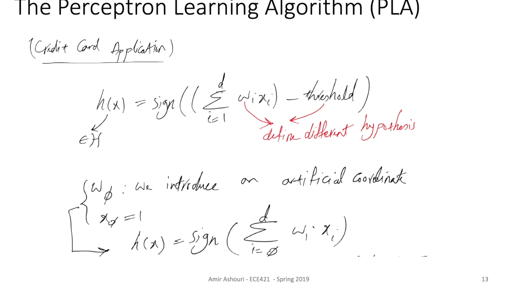So it's going to change into the sign of the summation of your wi xi, but instead your i starts from 0 and ends at d. This will cover also your threshold. All right?